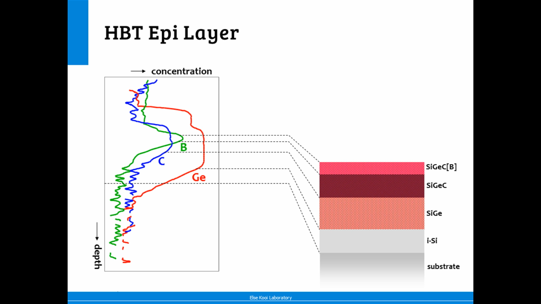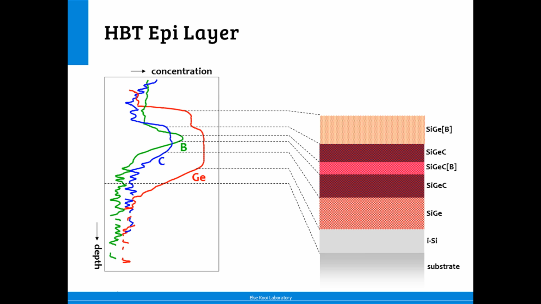We introduce the boron spike, carbon again, silicon germane carbon again. We move to a section with a lower concentration of germane and put a silicon capping layer, boron doped silicon capping layer on top. 7 layers altogether. Compare that to the conventional single silicon layer, and conclude that it has become a lot more complicated.